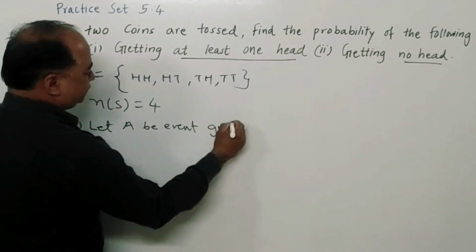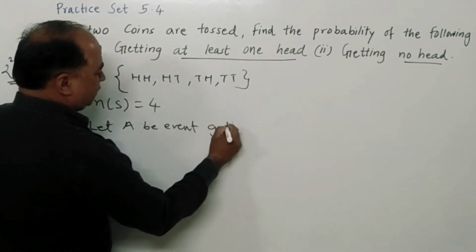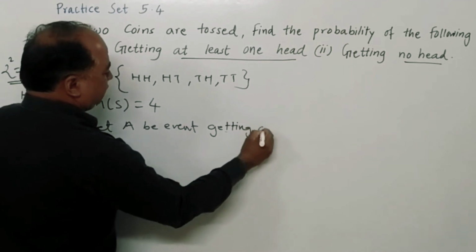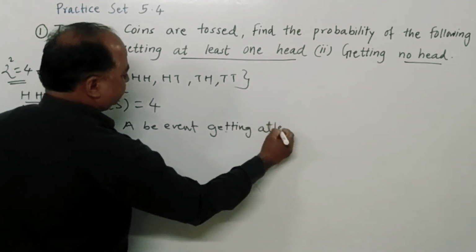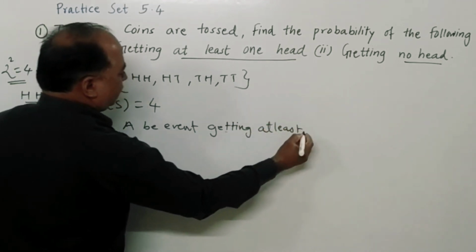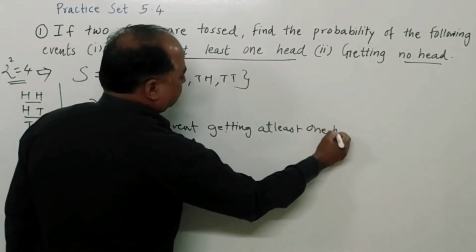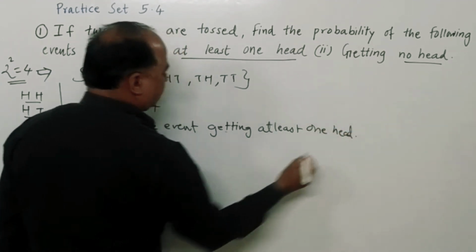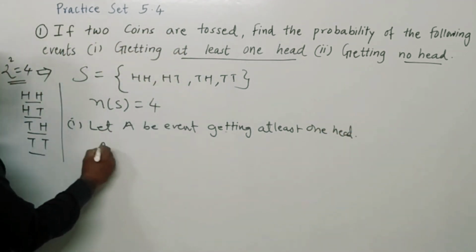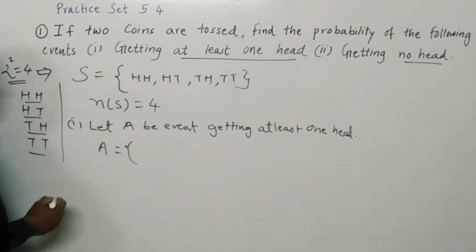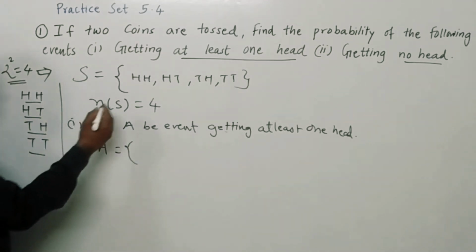Now for the first event, getting at least one head, let A be the event getting at least one head. We write the event from the sample space.